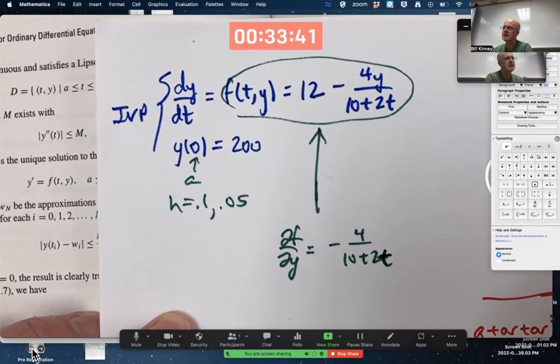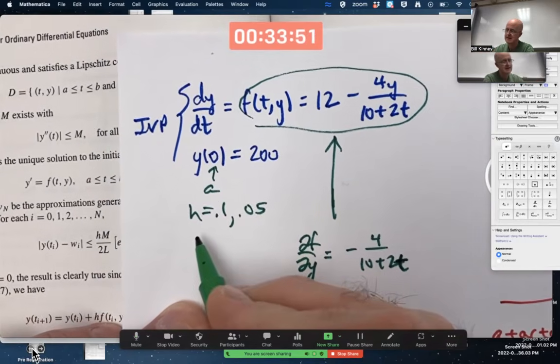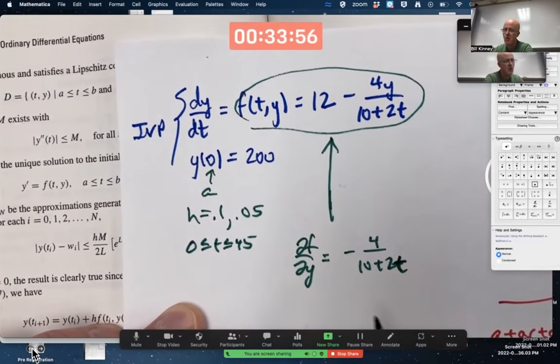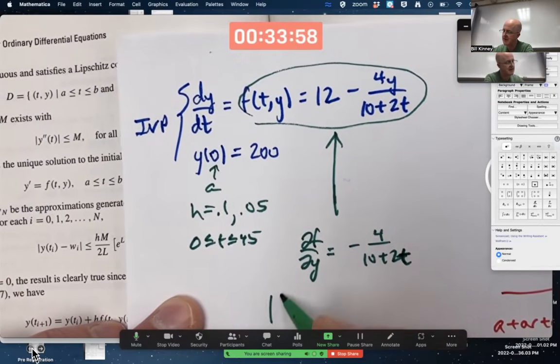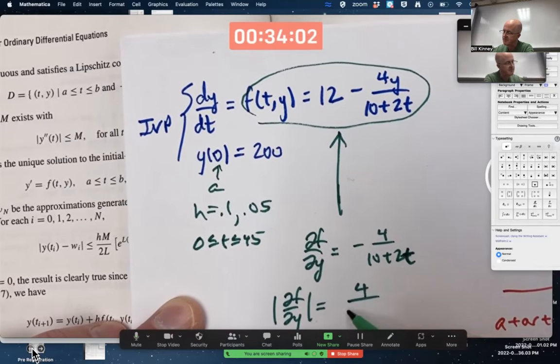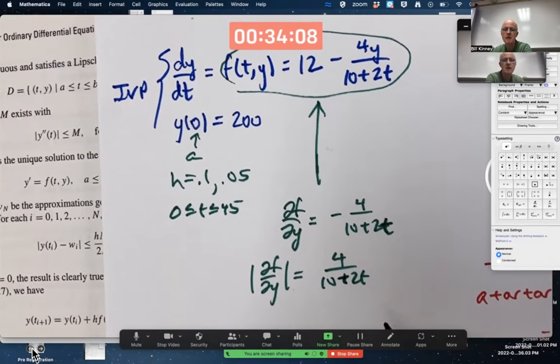We are considering this initial value problem over a specific finite interval of t values from 0 to 45, because 45 minutes is when the tank fills up. So t is going between 0 and 45. What's the maximum value of the absolute value of this thing over that interval? It's a decreasing function of t here, so it's going to be maximized when t is 0.